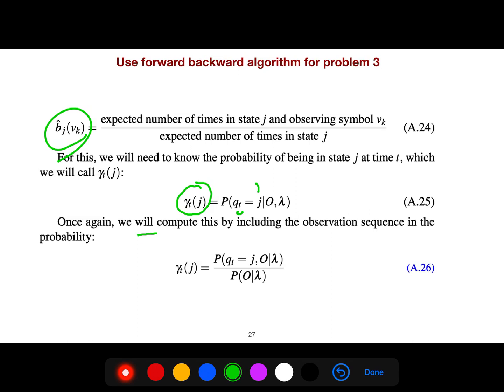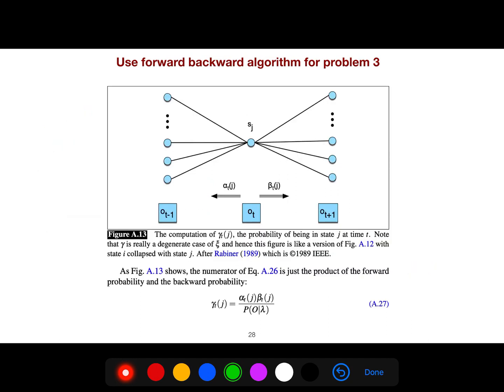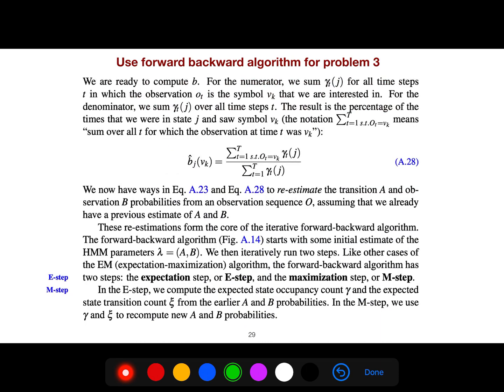So once again, we will compute this by including the observation sequence in this probability. So intuitively, it's very easy to see this picture. Everything is clear. So you multiply alpha and beta and normalize it by the probability of your observation sequence.